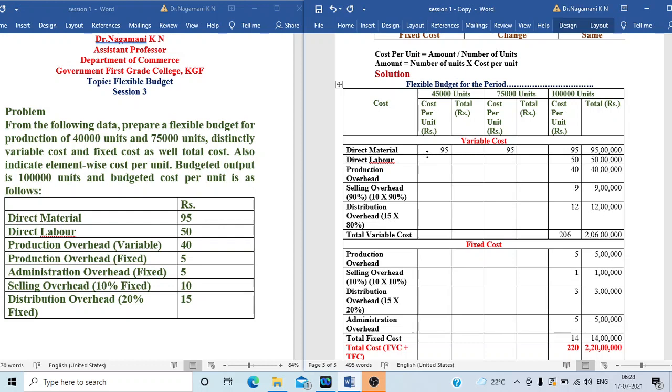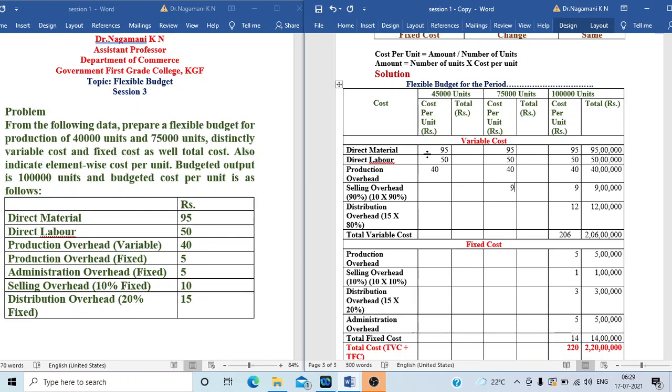Likewise, we have to write it for all the variable cost. That is direct labor cost per unit is 50. Same it will come. Then production overhead 40 variable cost per unit is there, that also we should enter.